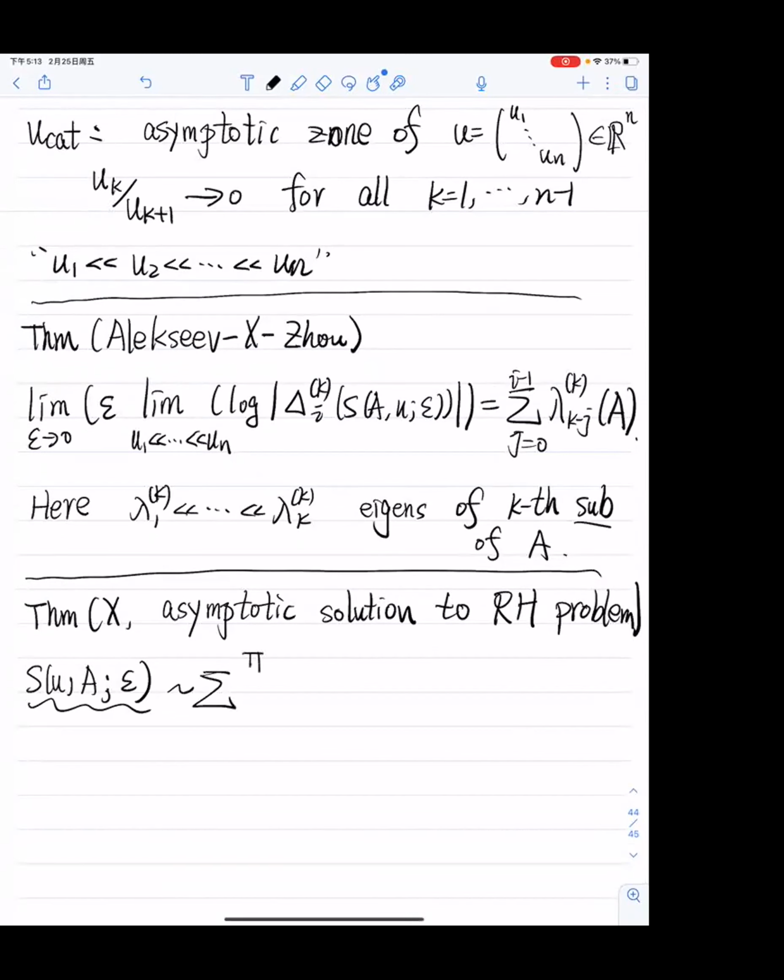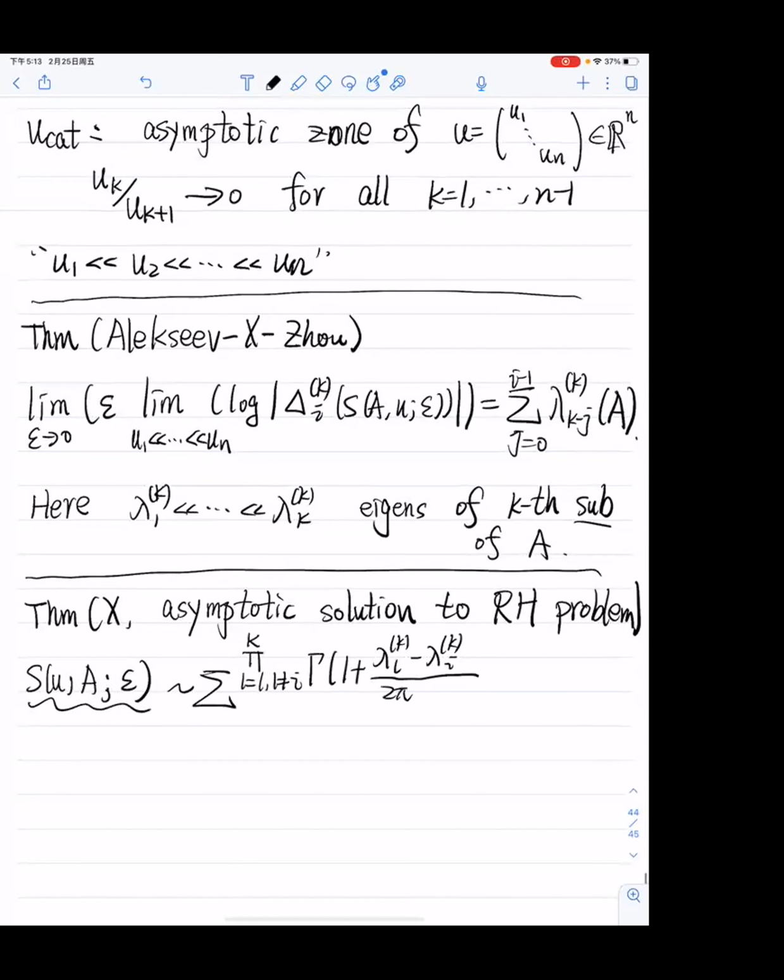And the expression is given by taking this form. I'm not sure if it's a good idea to write down the formula. Let me just write one term of this formula. If you know the Gelfand-Zeitlin theory, you will recognize this is closely related to it.